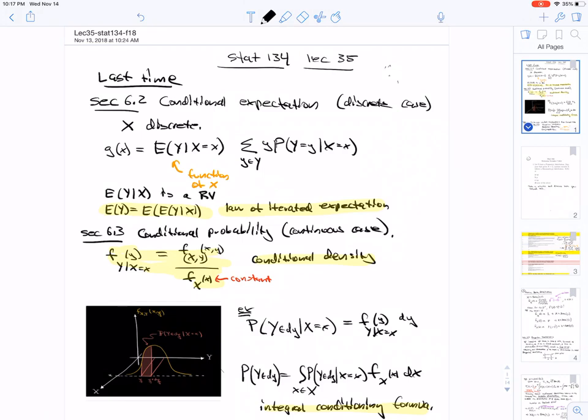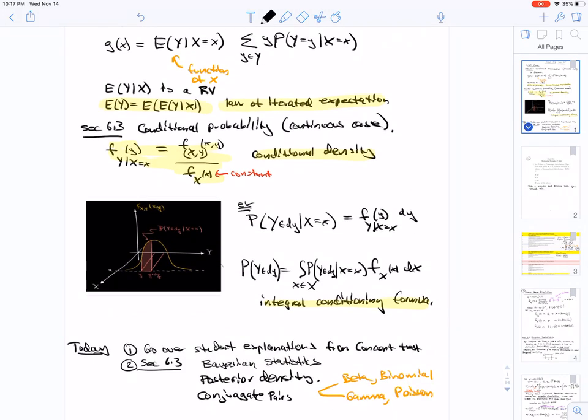We then started section 6.3, conditional probability in the continuous case. We saw the definition for conditional density, which is a ratio of the joint density and the marginal density. We have this nice picture here seeing that the conditional density is a slice of the joint density through x equals x.